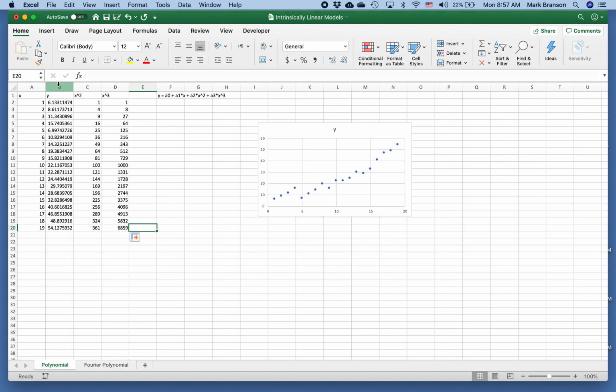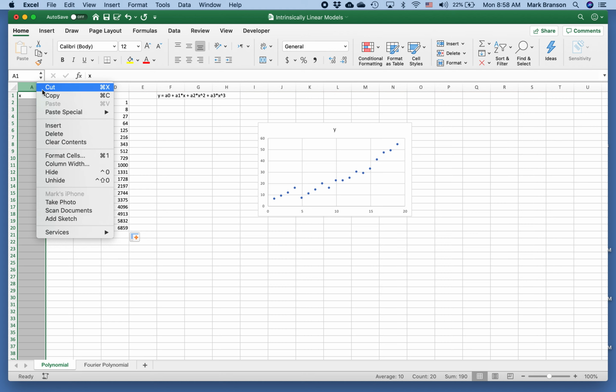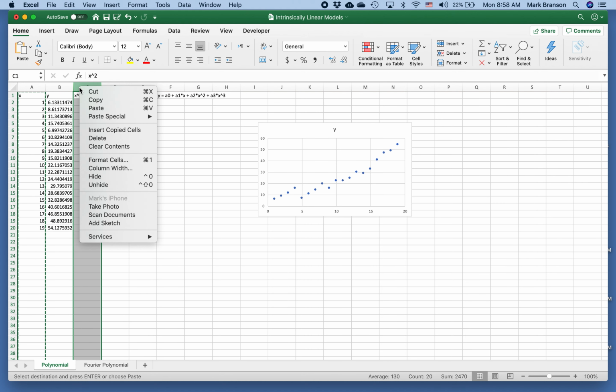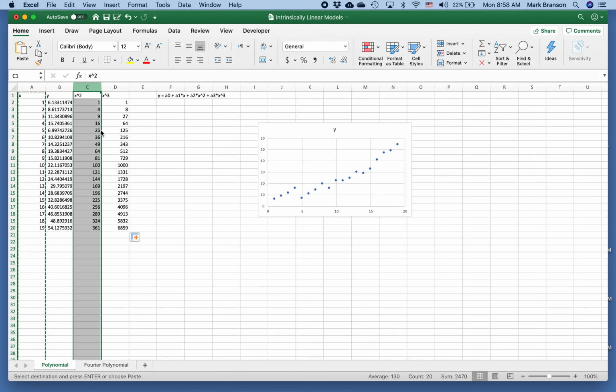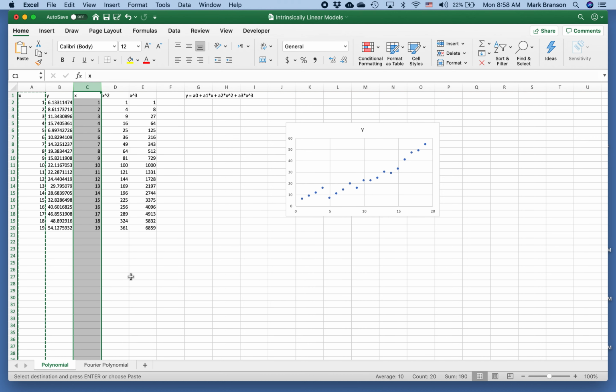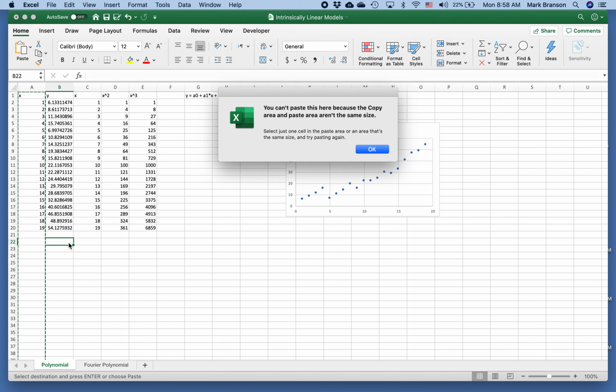For reasons that have to do completely with Excel and nothing to do with mathematics, I'm going to move the x term over here as well, just another copy of it. That's just going to make it easier to deal with Excel when we do the regression.